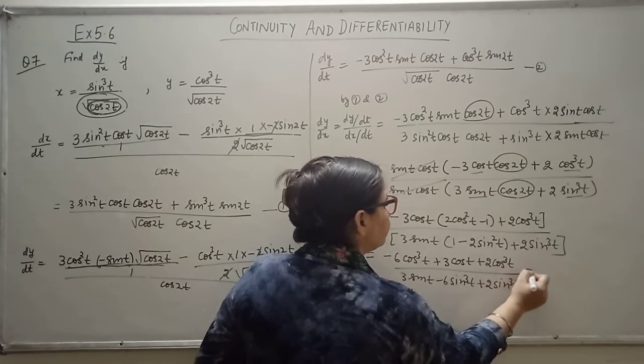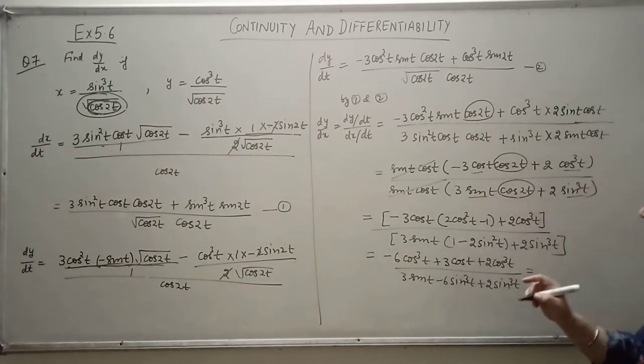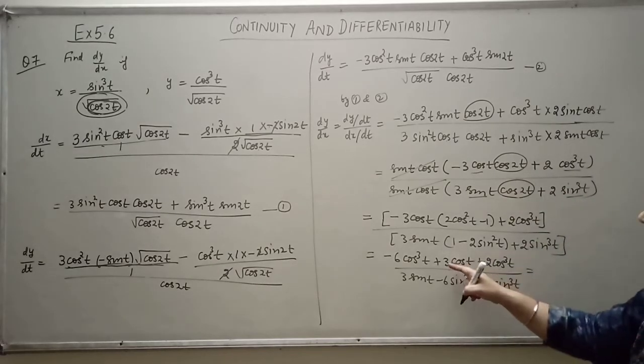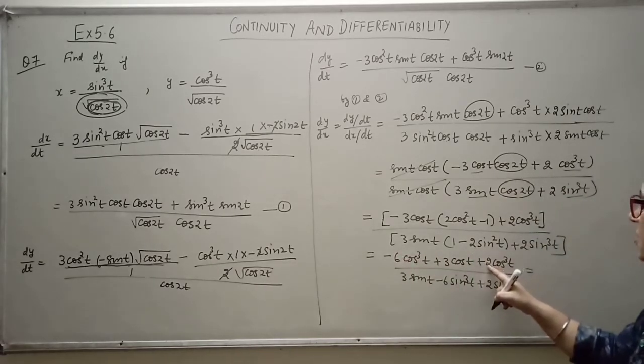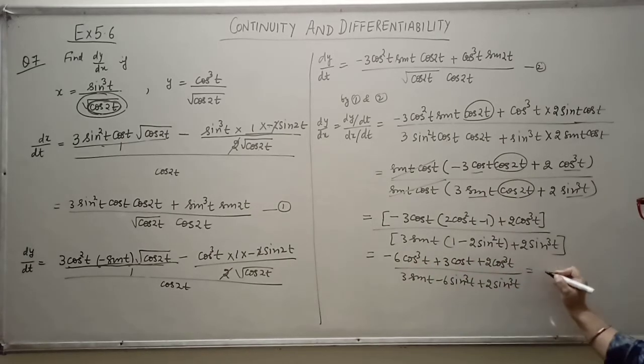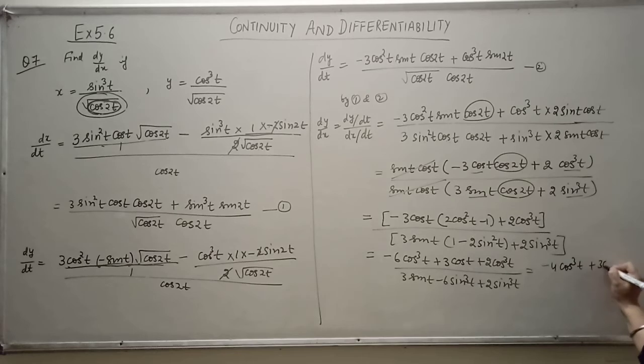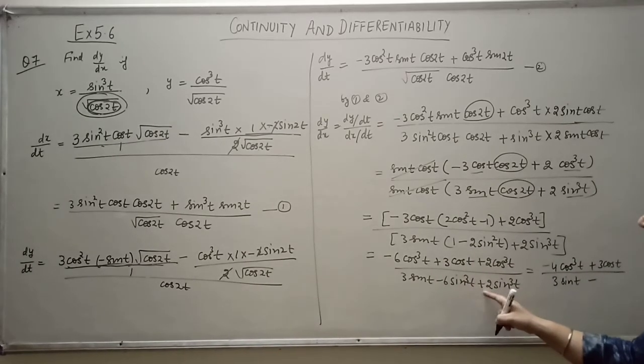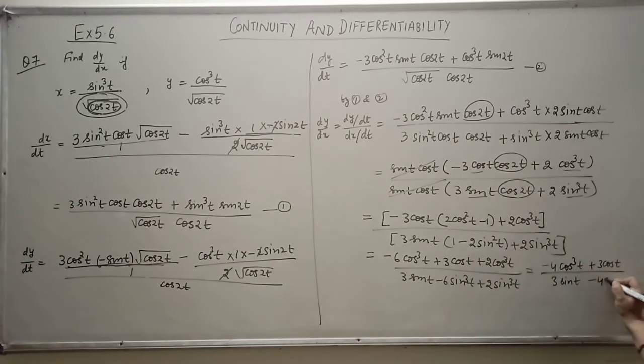It would become, you can see, minus 6 plus 2, both have cos cube t, so minus 4 cos cube t plus 3 cos t, and it is 3 sin t, minus 6 sin cube t plus 2 sin cube t means minus 4 sin cube t.